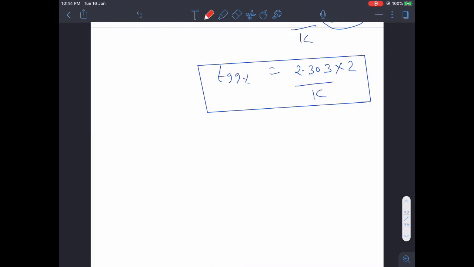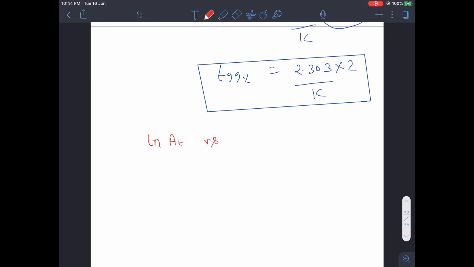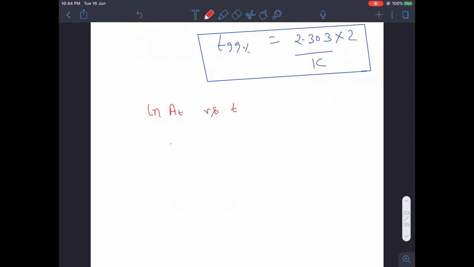Now coming to the graph of ln At versus t. So let's look at once again the same equation which we derived earlier. k into t is equal to ln a naught upon a naught minus x, and a naught minus x is nothing but At, a at time t.